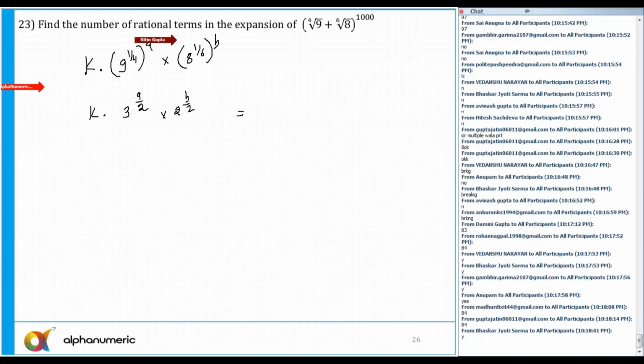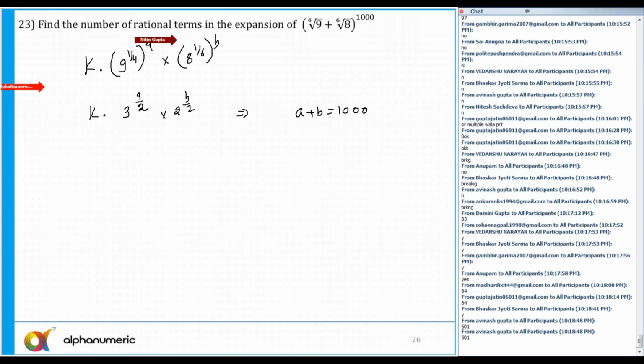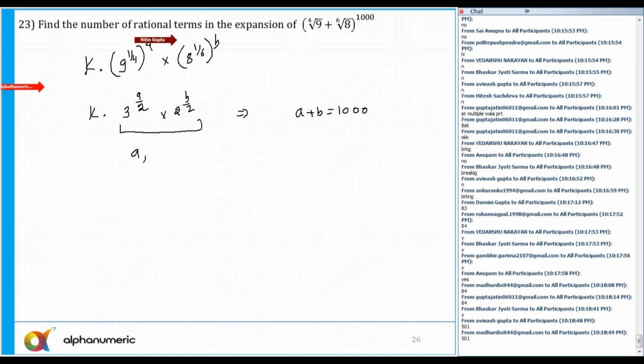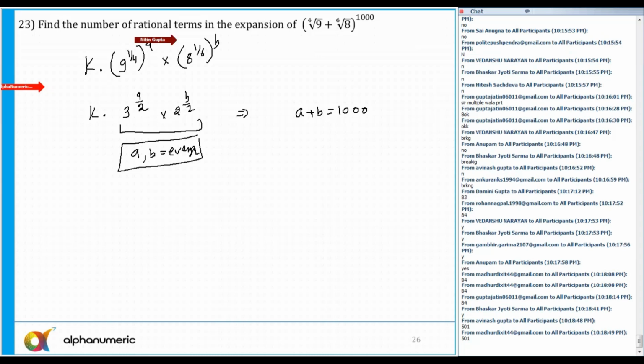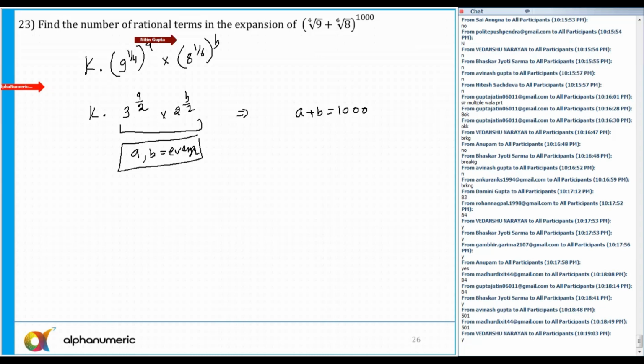So this implies we know that a plus b is equal to 1000. And from here, can you say that a as well as b, both the numbers should be even? Yes.